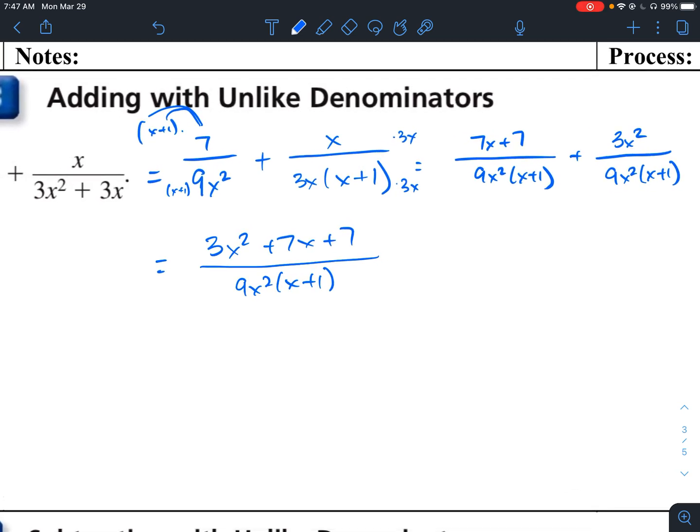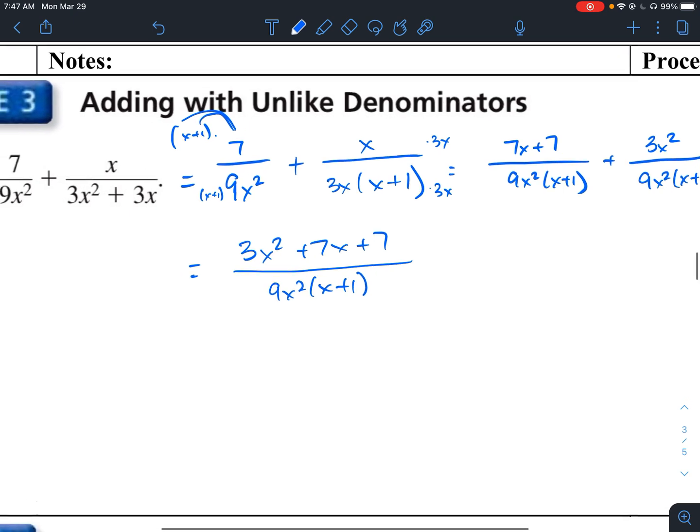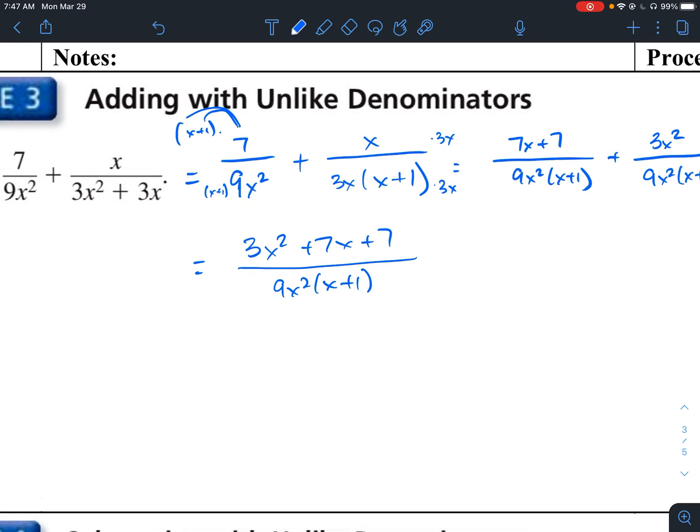Okay, and right there is what you have. So now you have to think about whether or not you can simplify a little bit further, which I don't think you can, because I don't think we can factor this one right here. So that would be it right there.